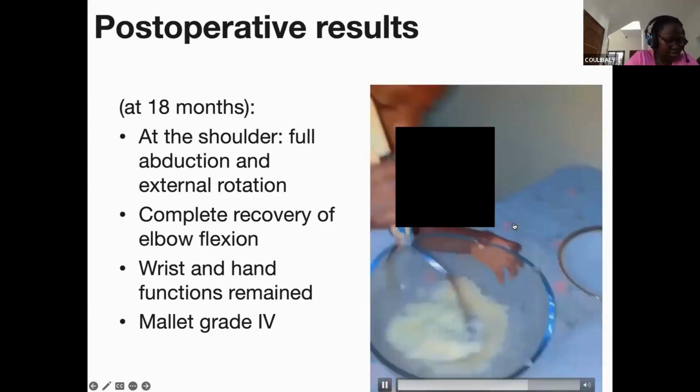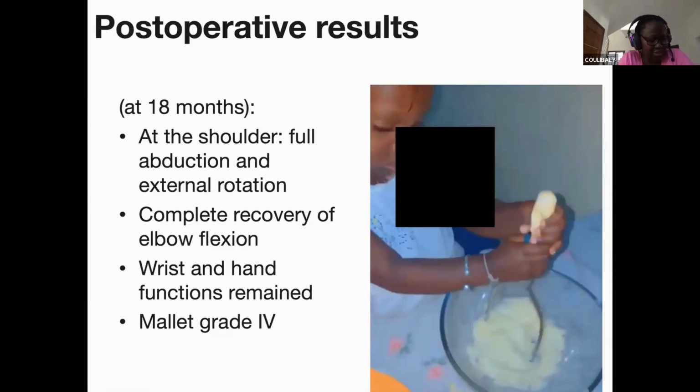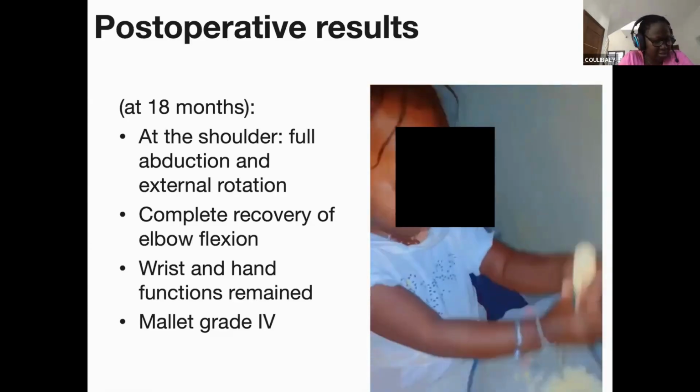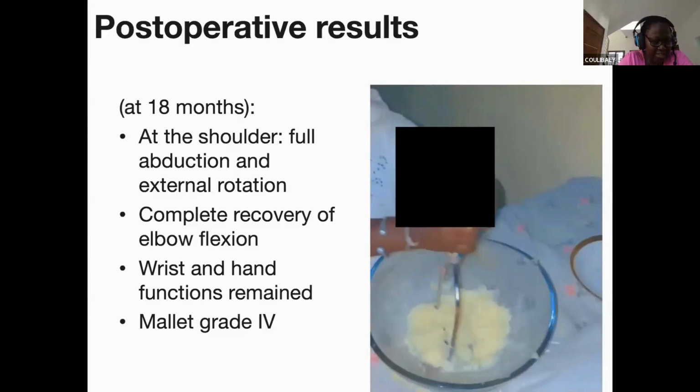She even helps her mother in the kitchen, and she is classified as Mallet grade 4.